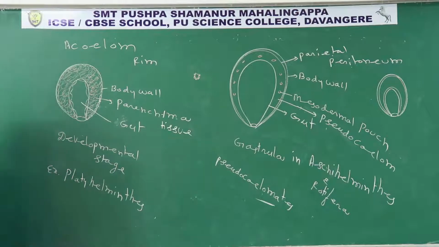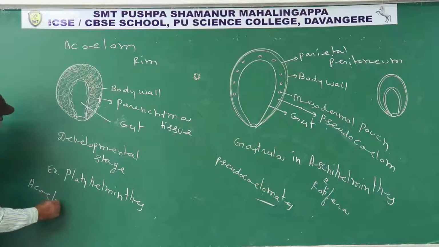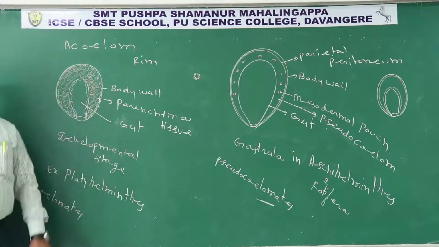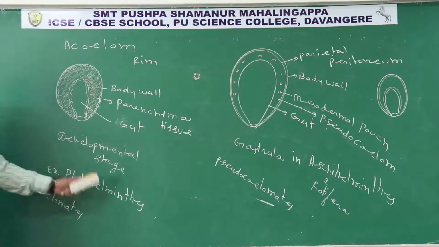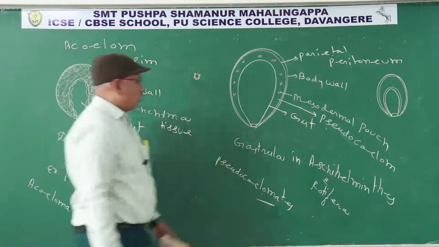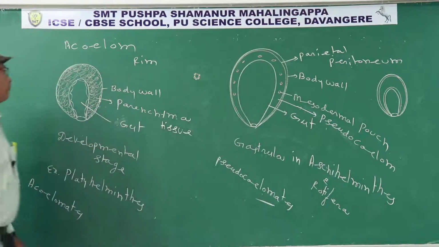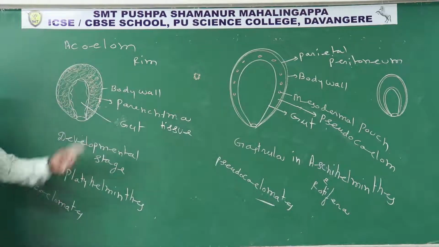Animals without coelom are known as acoelomates. Acoelomates example: Platyhelminthes. Pseudocoelomates example: Aschelminthes and Rotifera. What is acoelom?